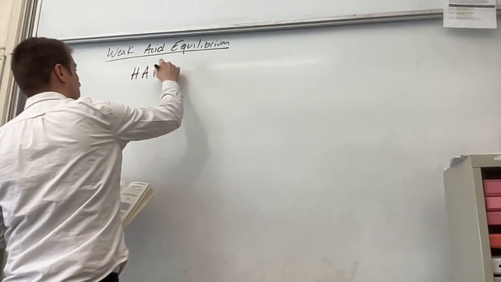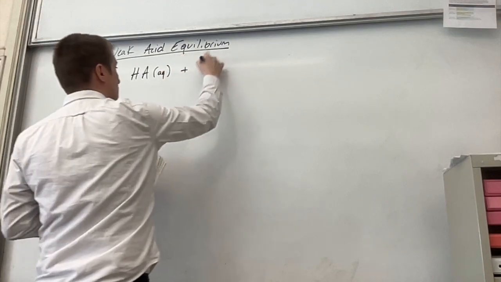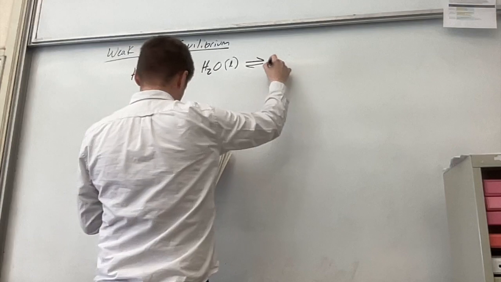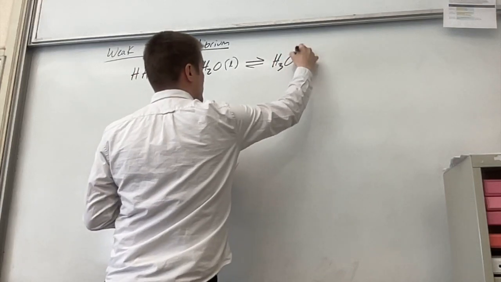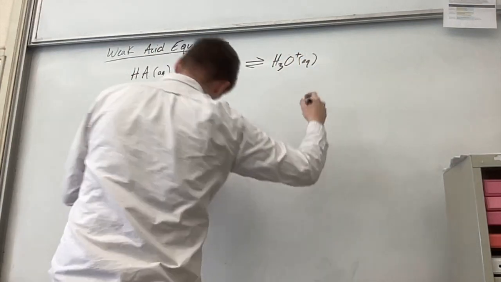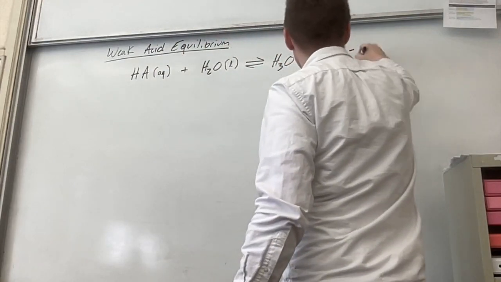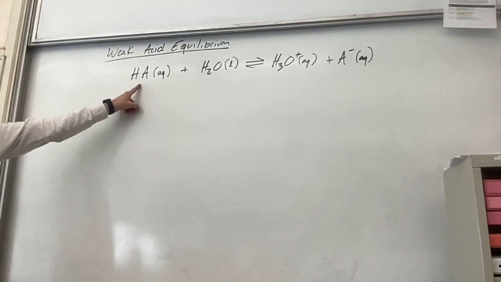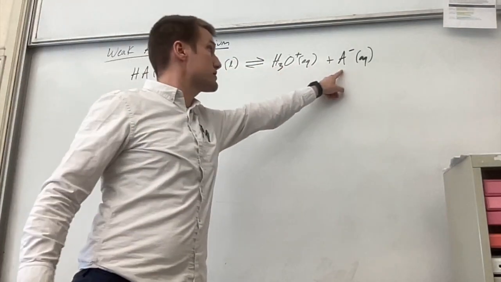HA is going to be my acid plus H2O, giving H3O plus and A minus, aqueous. So this is just my generic weak acid, and this is the conjugate base.